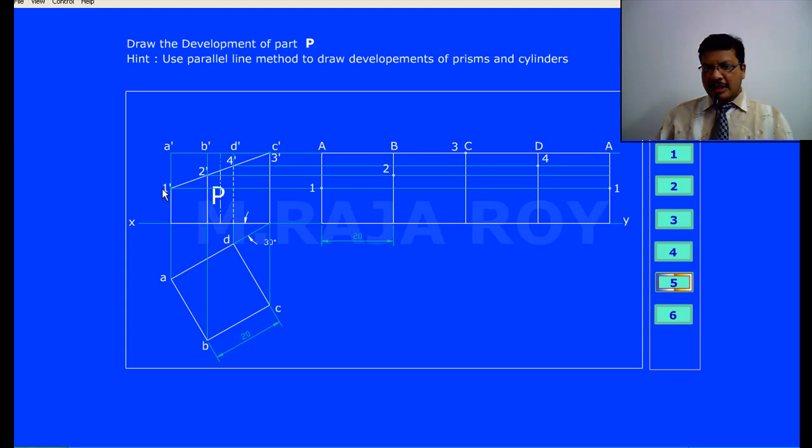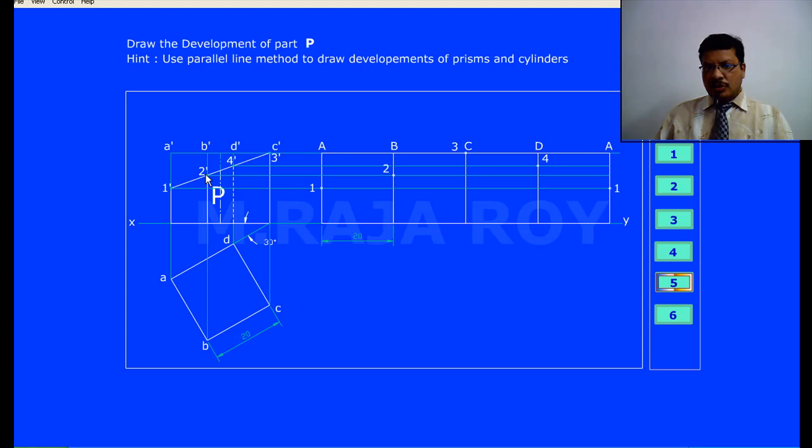Here 1 dash point is on A. So automatically you transfer that point 1 dash as 1 onto the development on the face edge of capital A on the development. In the development we will represent all the corners with capital letters.